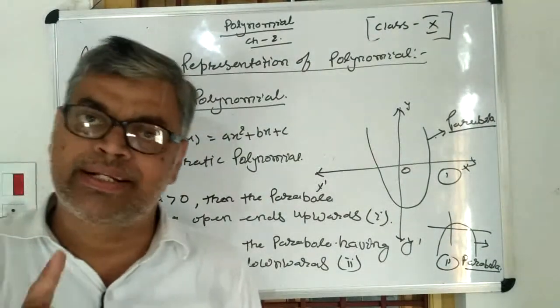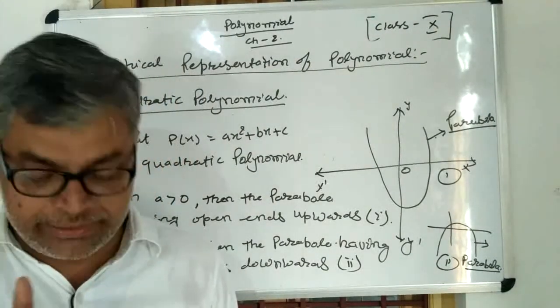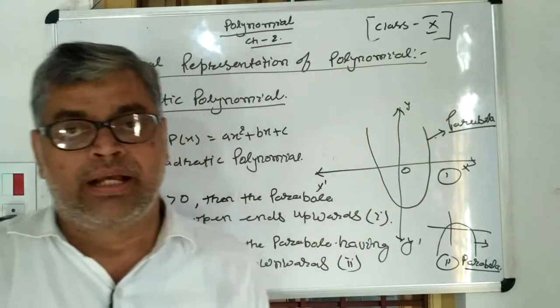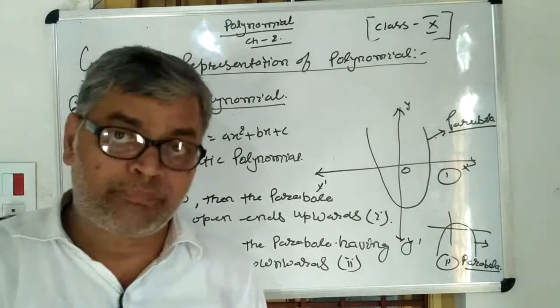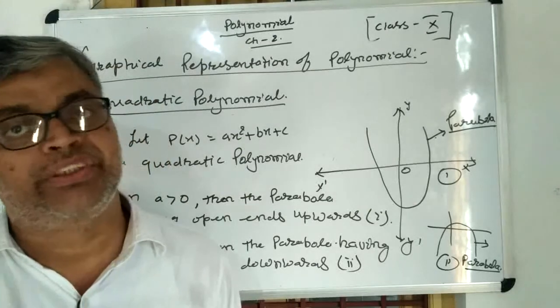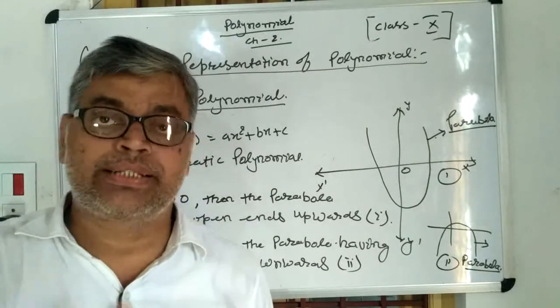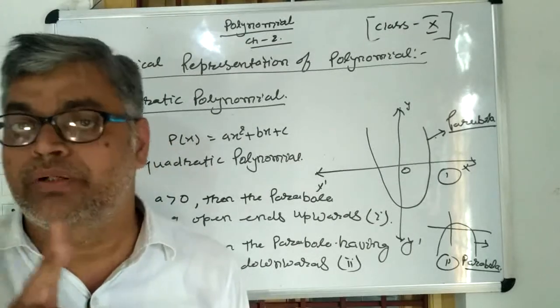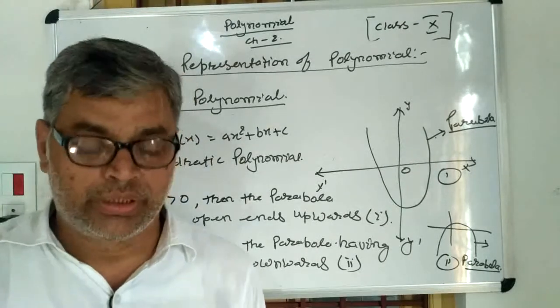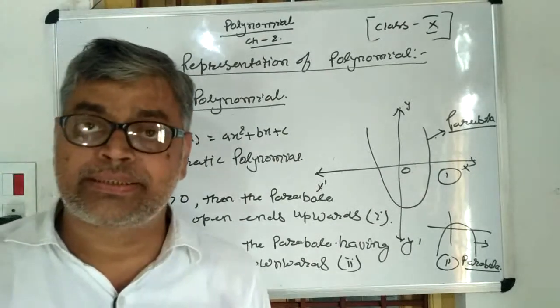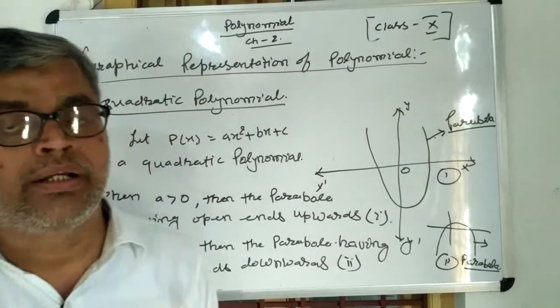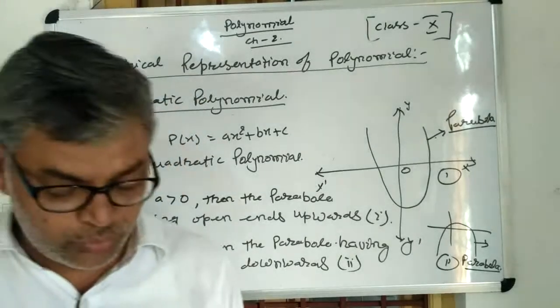If it intersects the x-axis at one point, then it has only one zero, and if it intersects at 2 points, then it will have two zeros, and if it does not intersect the x-axis at any point, then obviously it will have no zero.